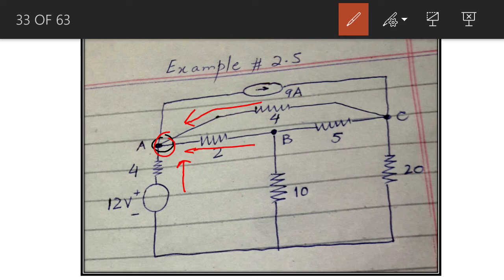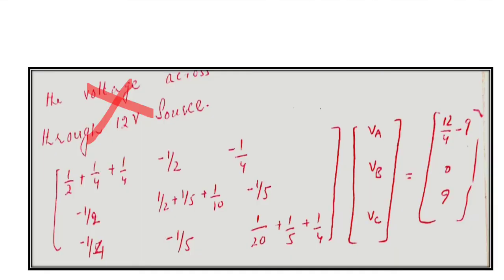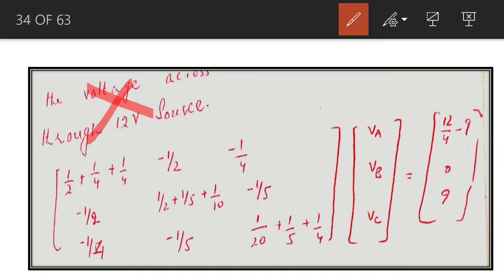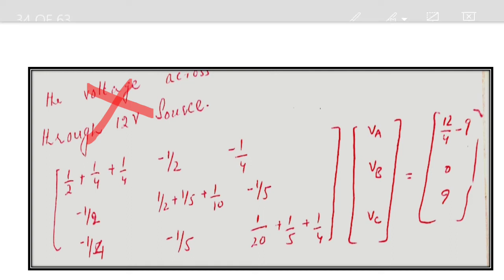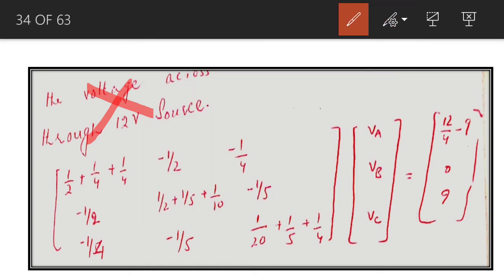So we have 1 by 4 plus 1 by 2 plus 1 by 4, that is G11. Three resistors have been connected to the first node. So this is the value of G11.